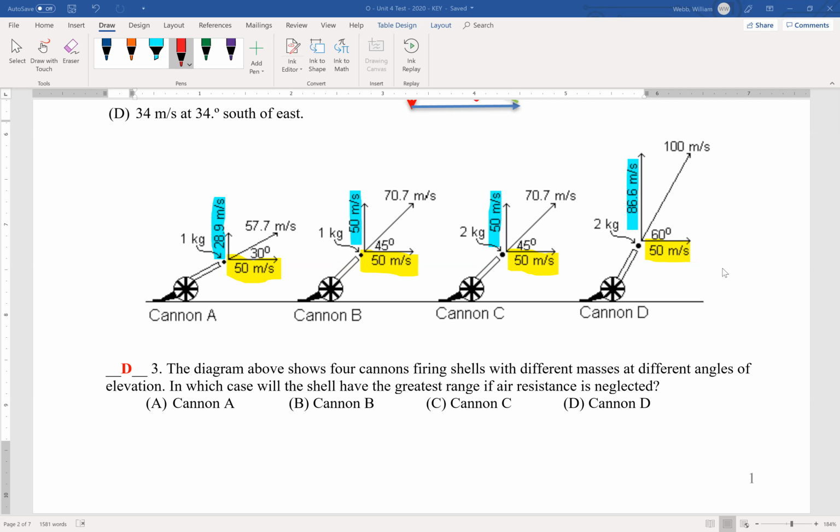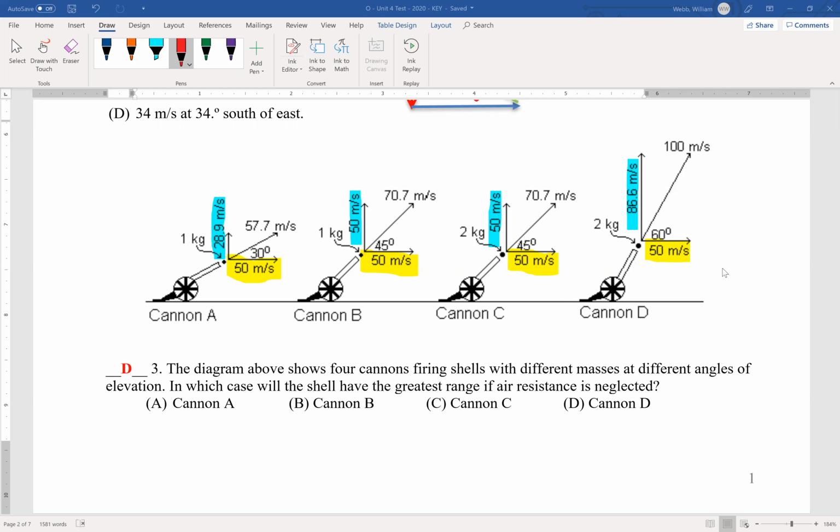They're definitely trying to get you to be distracted, and that's what College Board does. They often give you a lot of information that is true but irrelevant or unnecessary. And this one especially, showing you the 45 degrees, a lot of students latch onto that 45 degrees because that is an important concept, that if everything else is the same, 45 gives you the best range, but not everything else is the same in this case.